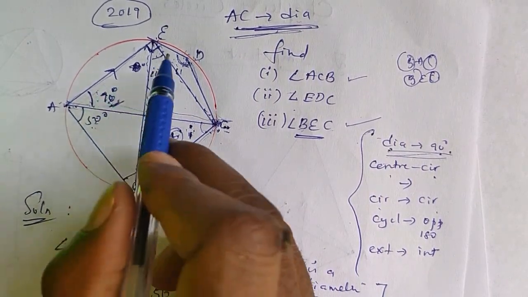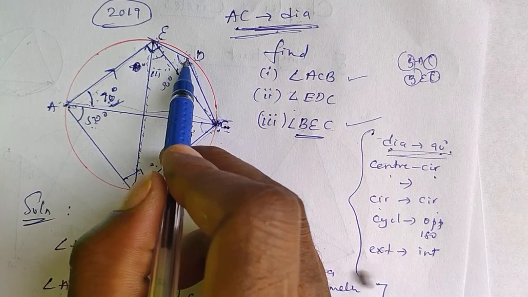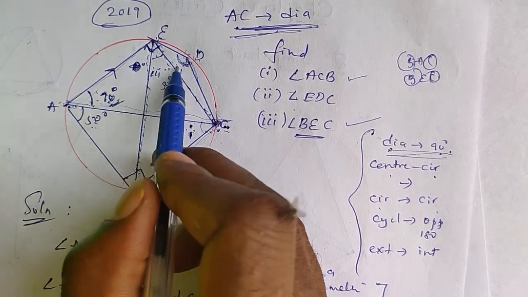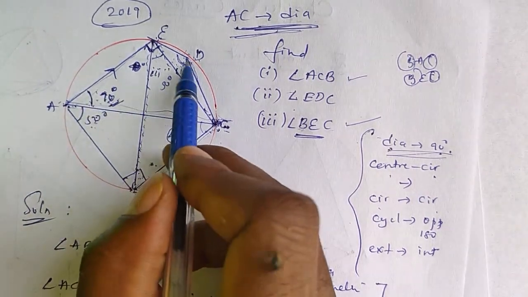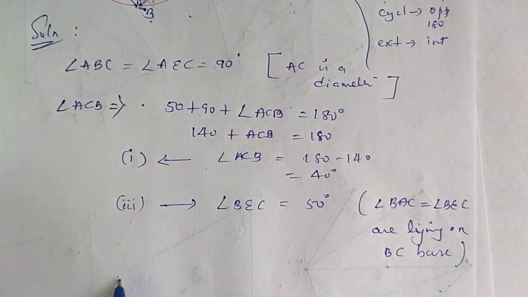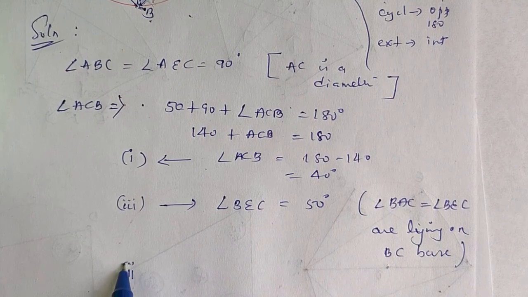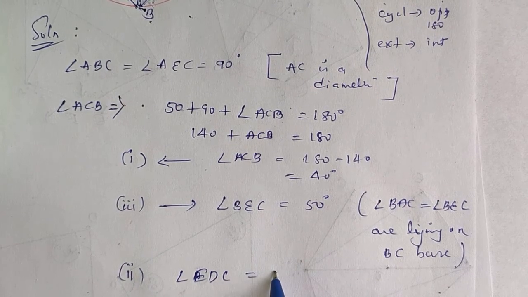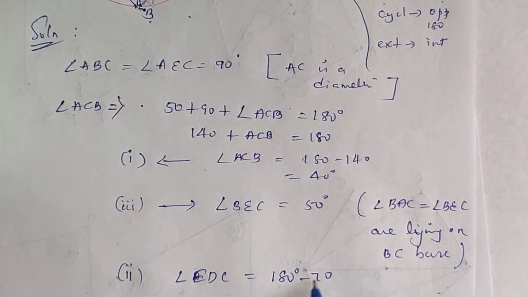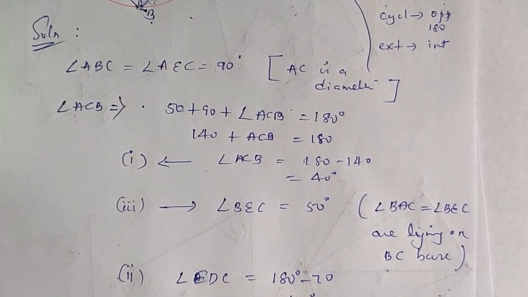Now A is 70 degree. Getting D is not a problem. D is how much? 110 degree, because A plus D equal to 180 degree. That second question, now we got angle EDC. EDC equal to 180 degree minus 70 degree equal to 110 degree.